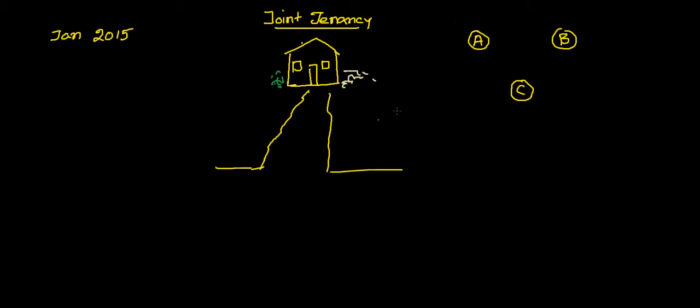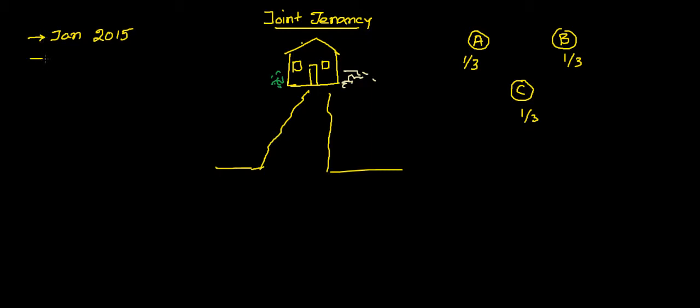They create this joint tenancy, and they are equal, so the ownership is 1/3, 1/3, and 1/3. Let me write it properly. What happens is, this has to be at the same time, so this is the unity of time.